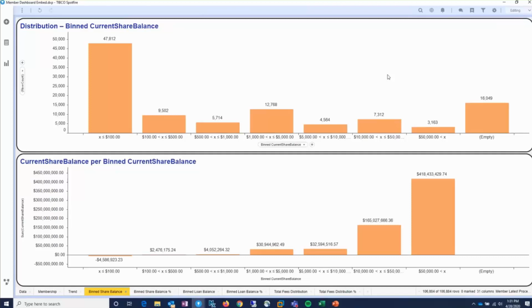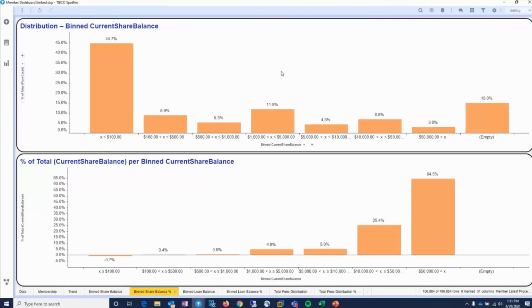One of the things that we do is we create a member table that aggregates a lot of that up to a single person versus just an account. Along the way, we sum up their share balance and their loan balance. Whether they have 1 account or 10 accounts, we sum it all up. One of the great things that happens when you do that is you can start to say, what is the distribution of my shares in my particular credit union?